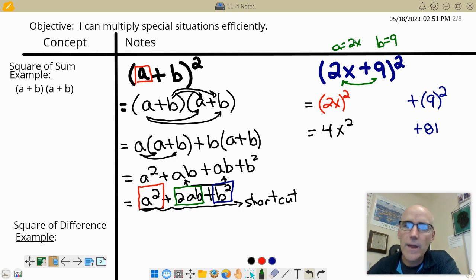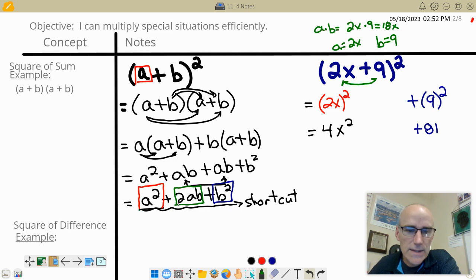So I'm going to take 2x times 9. I hope you agree that's 18x, because 9 times 2 is 18. And then we can't multiply by the x because we don't know what x is. So we just put 18x down. So that's what a times b is. So a times b is equal to 18x.